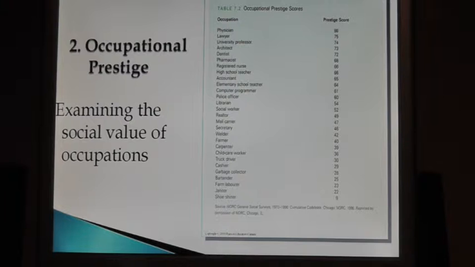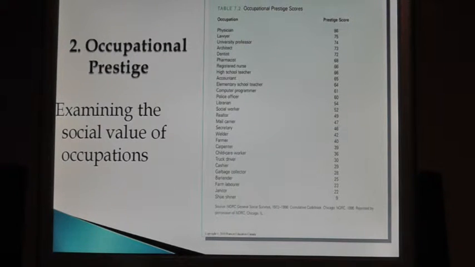The second element of inequality is occupational prestige. Okay, so first we had property, and second we had occupational prestige. And this chart, it's in your textbook, so you could check it out.